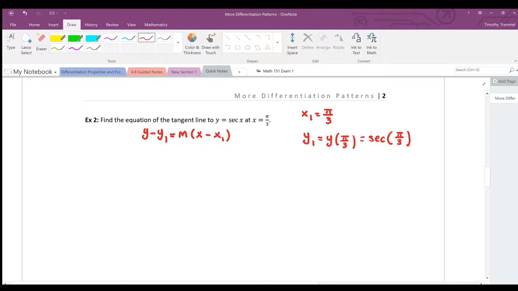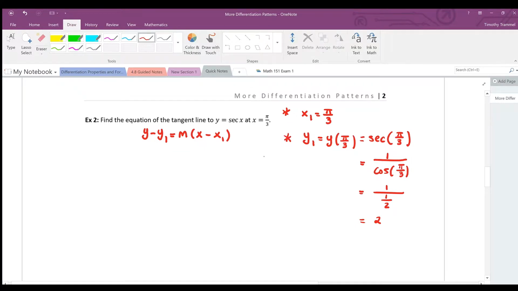And so if we're trying to find secant of pi over 3, you might remember, well, this is 1 over cosine of pi over 3. And cosine of pi over 3 is 1/2. So we have 1 over 1/2, which is 2. So we have x1, we now have y1.